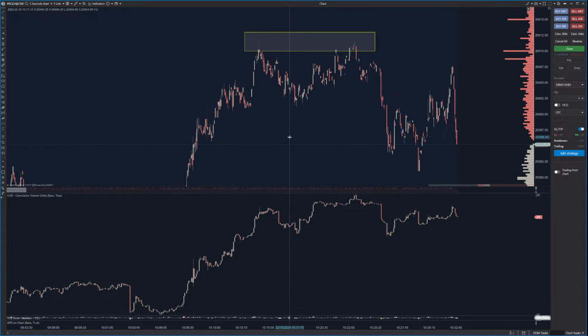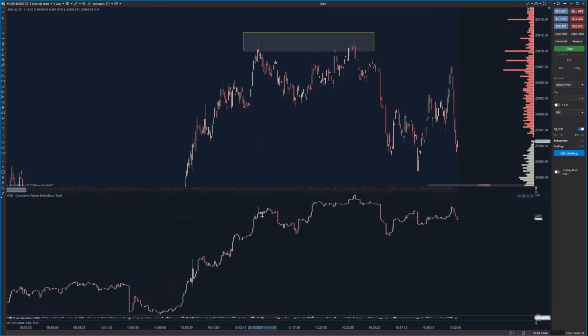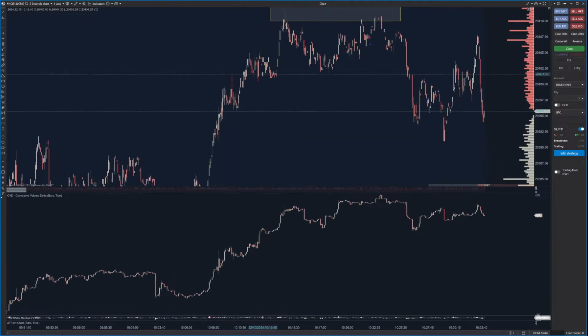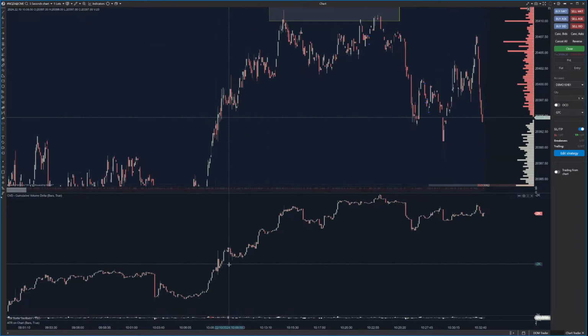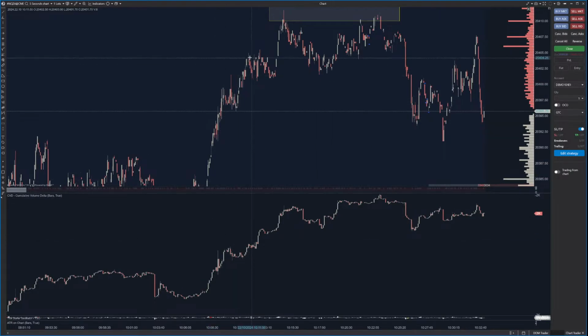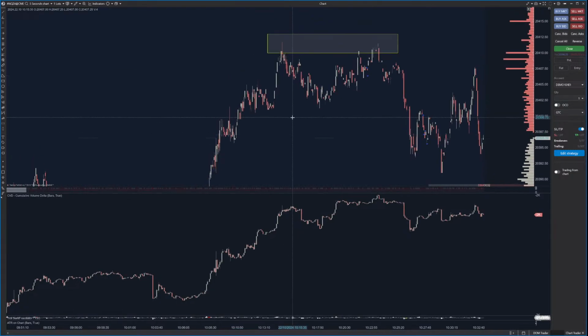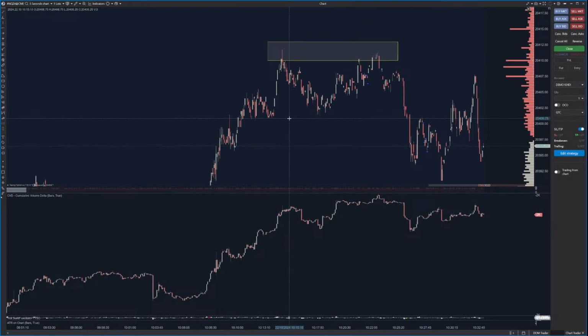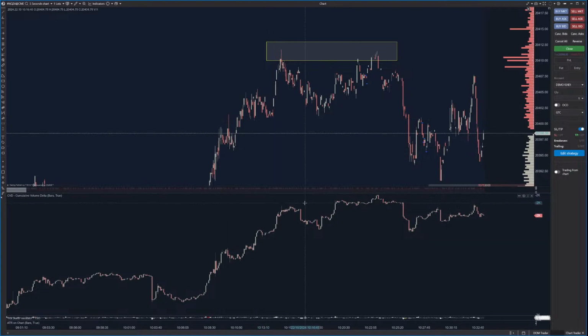But the idea of the strategy is that we see way more buyers, right? And that also matches price action. So many times you're going to see cumulative delta moving in the same waves as price action. But then we can see some interesting things when they don't align.